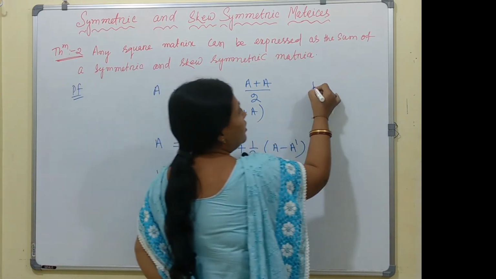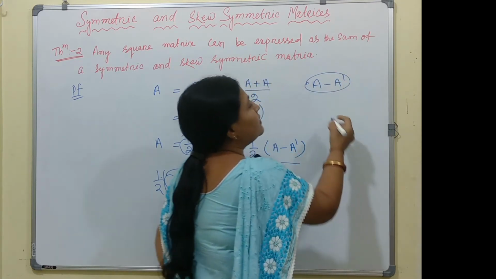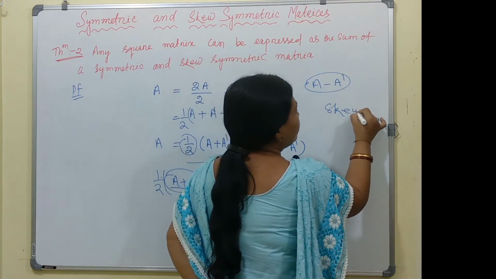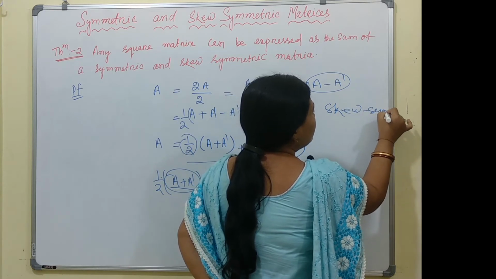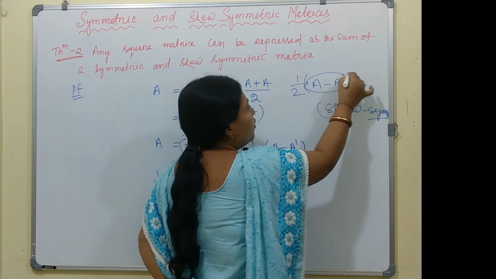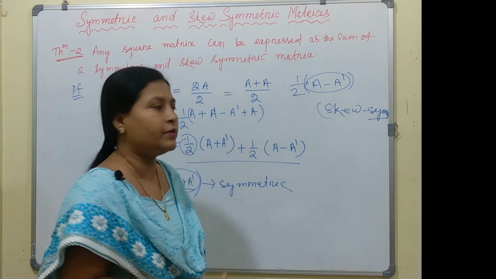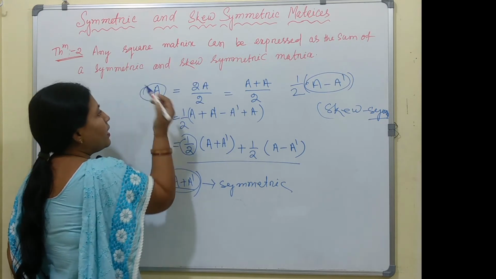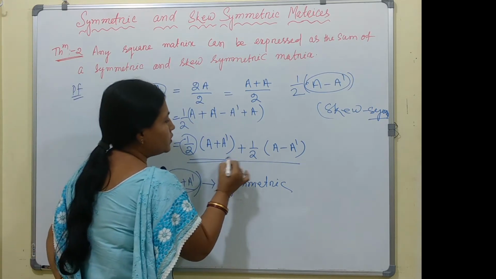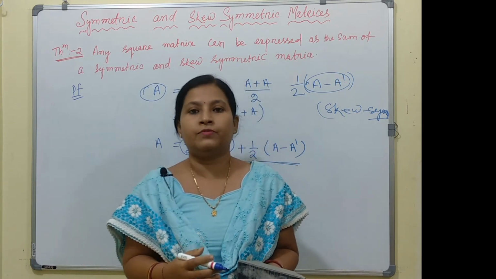Similarly, we have already discussed A minus A dash is a skew-symmetric matrix. So half whole into A minus A dash is also a skew-symmetric matrix.